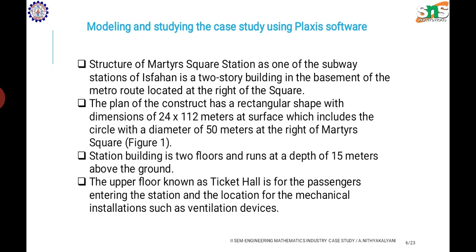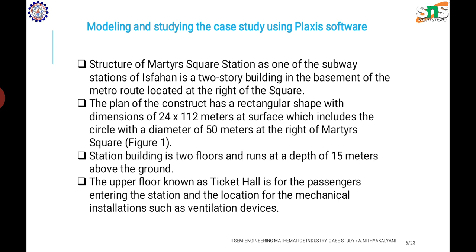Structure of Martyrs Square Station, as one of the subway stations, is a two-story building in the basement of the metro route located at the right of the square. The plan of the construct has a rectangular shape with the dimension of 24 by 112 meters at the surface, which includes the circle with a diameter of 50 meters at the right of Martyrs Square.